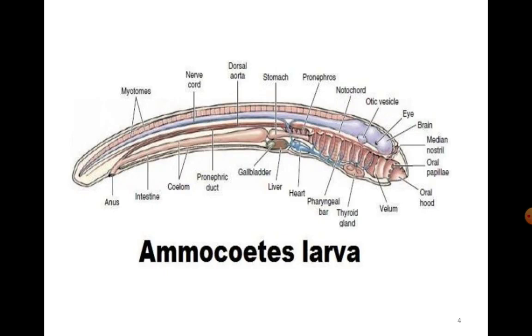It is blind, toothless, and a non-parasitic filter feeder. I hope you remember this term filter feeder because we discussed the same with Amphioxus as well. Feeding and respiration are typically like that of Branchiostoma or Amphioxus.